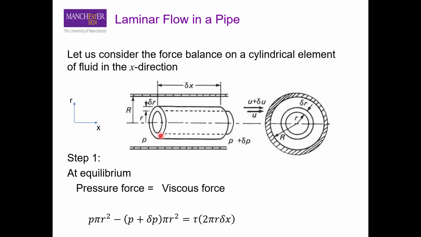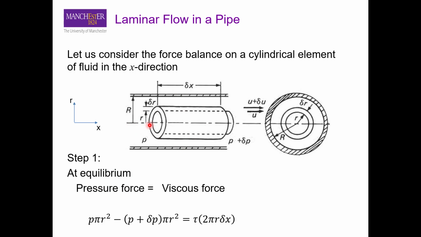We are assuming a differential cylindrical element of fluid, and on this side of the element we have a pressure P, and on the other side here we have a pressure P plus partial P, and the fluid is moving at a velocity u. So if the fluid is at equilibrium, it means that all the forces on this fluid element should sum to zero.